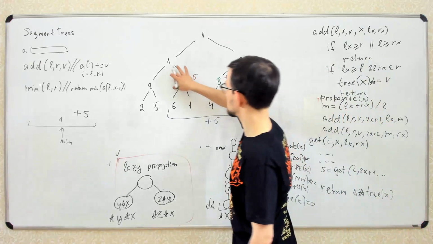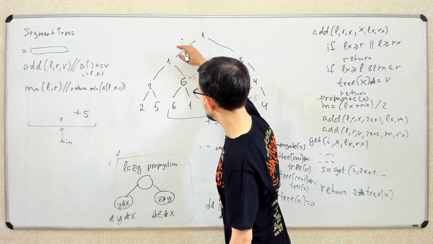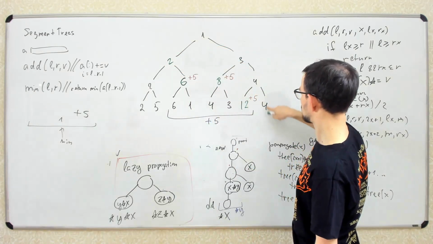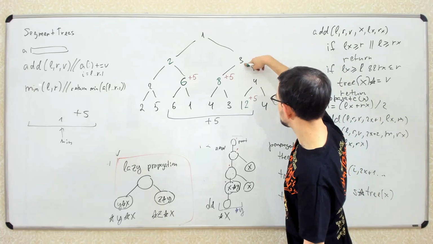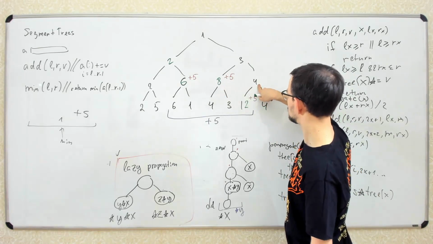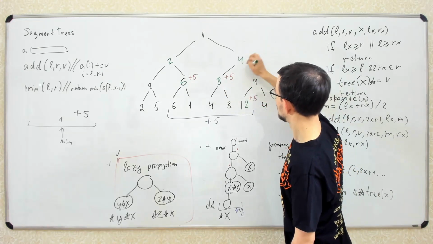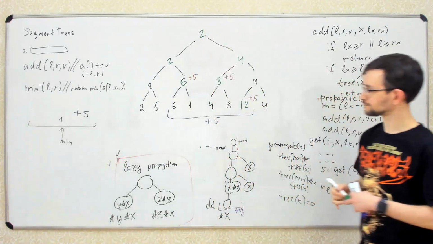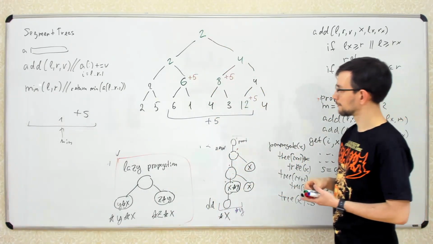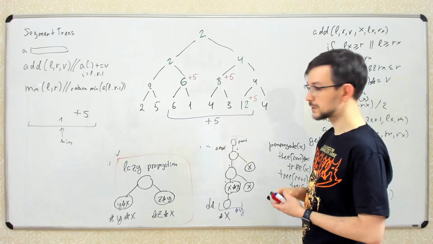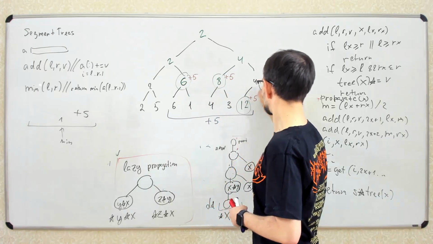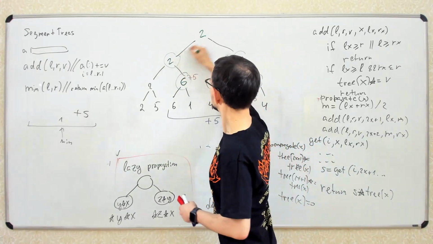So we'll go here, recalculate this minimum, it will be 2, go here, here minimum will be 4, this minimum will be the minimum of 8 and 4, it's 4, and this minimum will be 2. That's all. So we recalculate these elements and all elements above these elements.